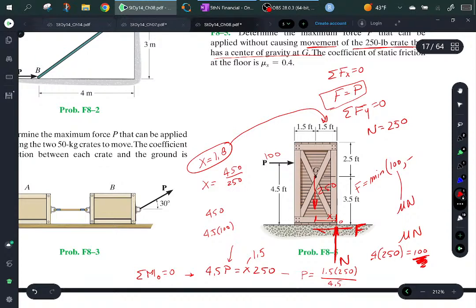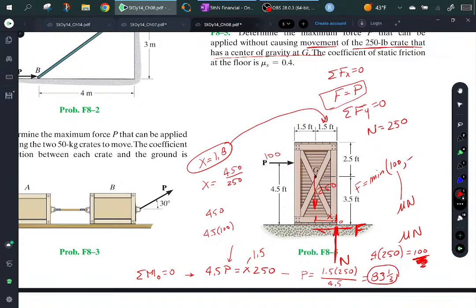Okay, 1.5 times 250 divided by 4.5 is 83 1/3 pounds. So I've got to put 83 1/3 pounds on it. If I put any more than that, the thing tips over, but it never breaks free and slides.